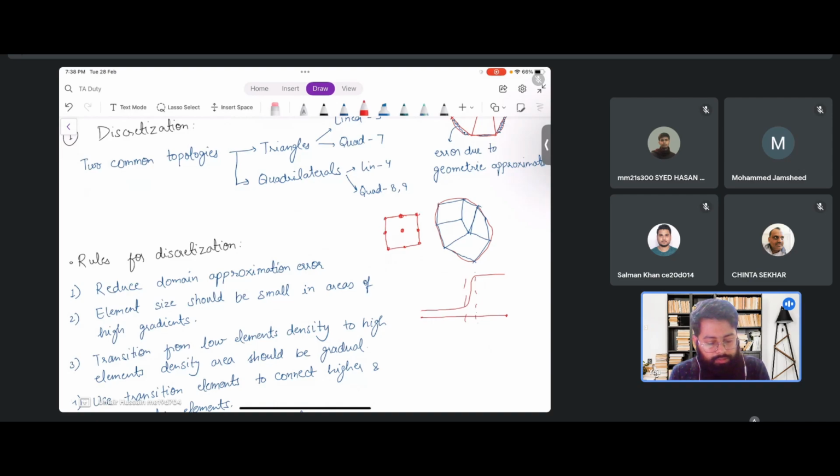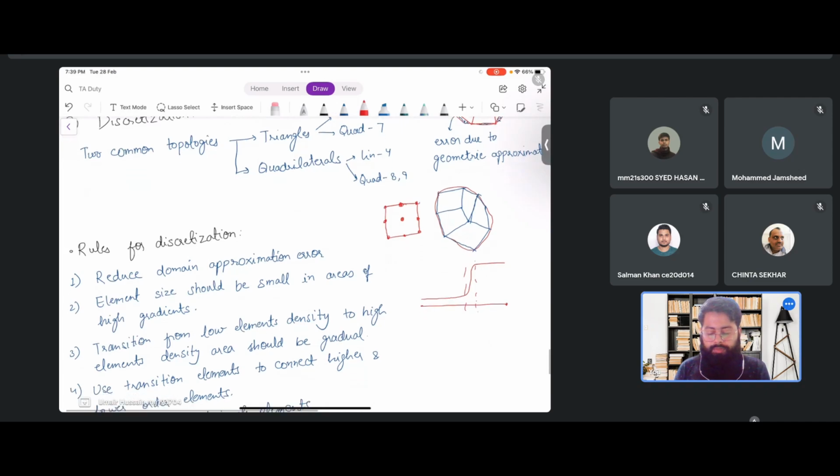In order to capture this sudden change in this function, if we have smaller elements in this region, we can capture this evolution of this function in a better way, more accurately.